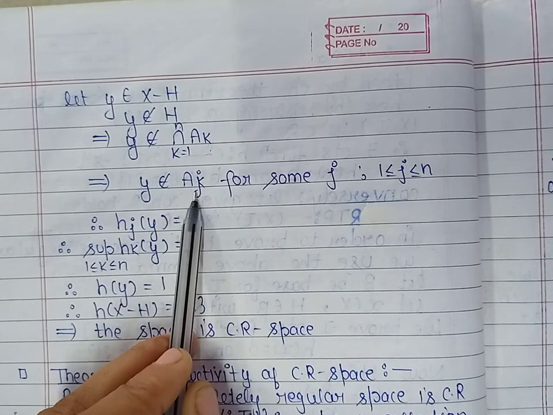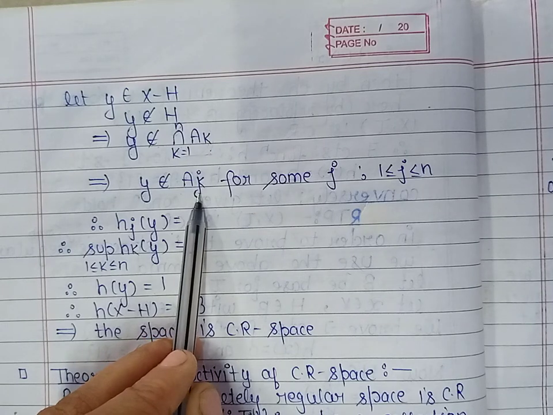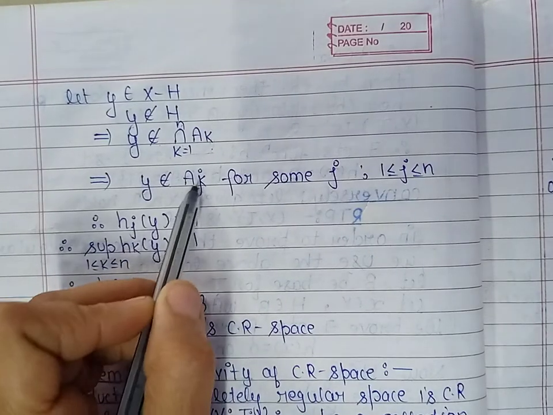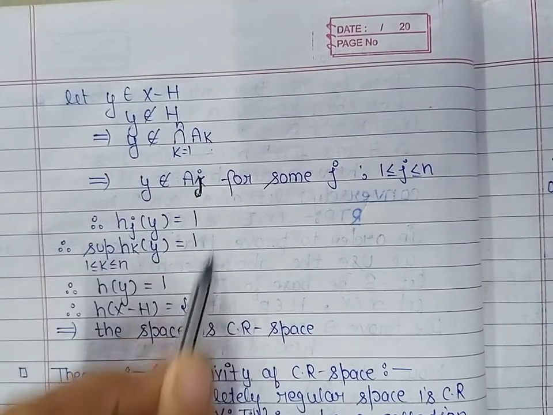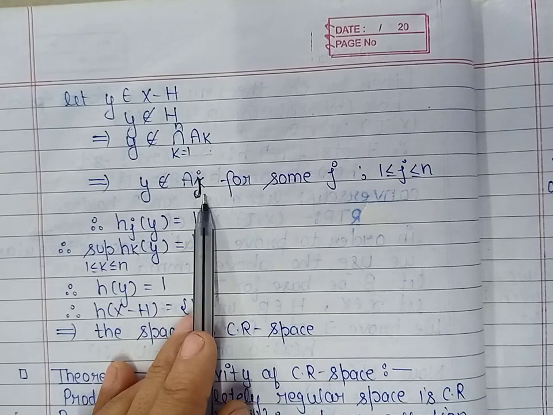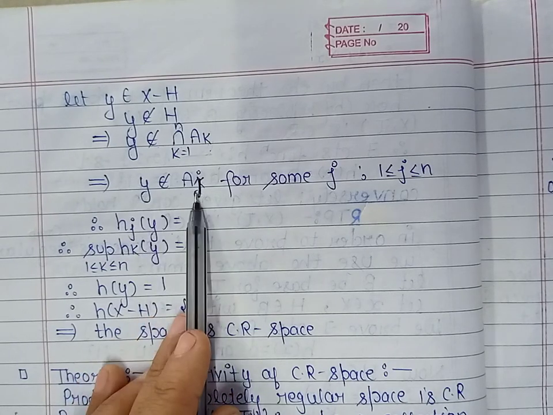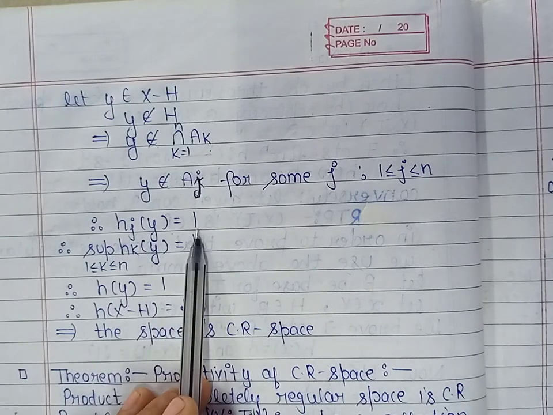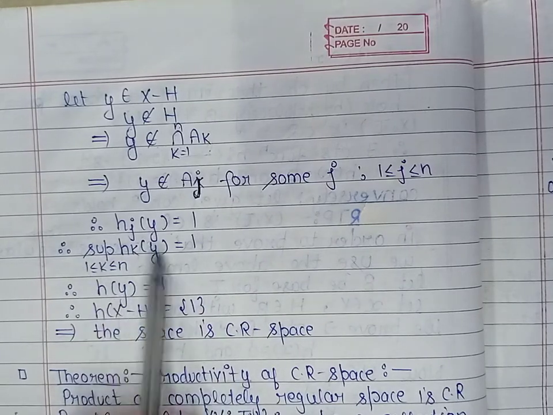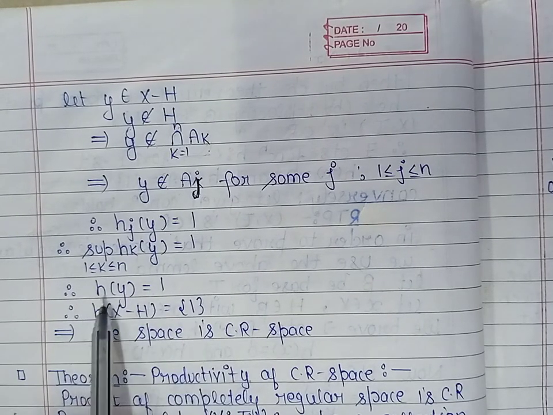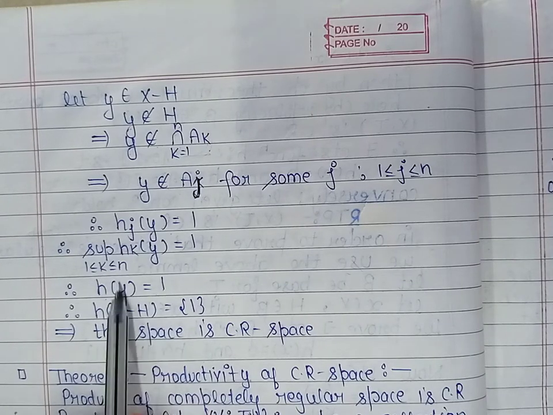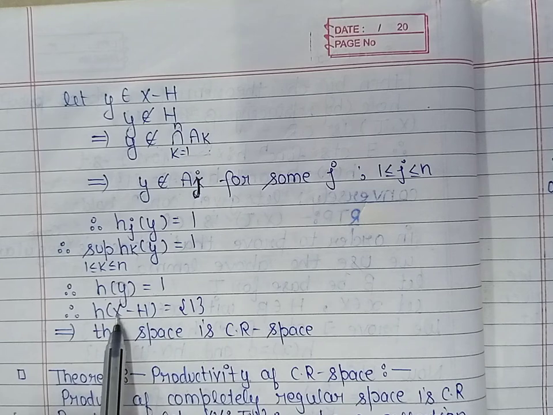So let us take A_j to be a member out of A_1, A_2, A_3 up to A_n such that y does not belong to A_j. Now y does not belong to A_j means y belongs to the complement of A_j. And if y belongs to the complement of A_j, its image under the function h_j is 1. So the supremum will also be 1. So the image of y under the function h is 1. And y is an arbitrary element of the complement of H.